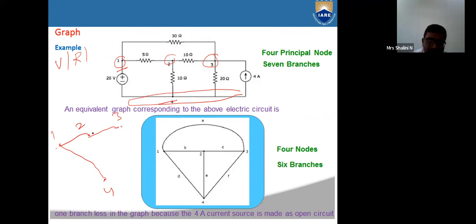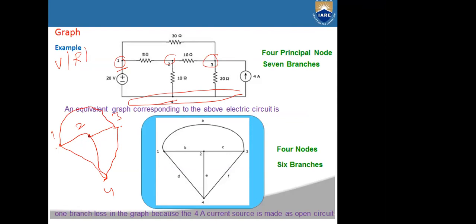Second node to fourth node, 10 ohms, short circuit. Third node to fourth node, 20 ohms, short circuit here. And one more relation, from first node to third node, 30 ohms, so short circuit this one. Does everyone understand up to here? Yes, sir. Okay.